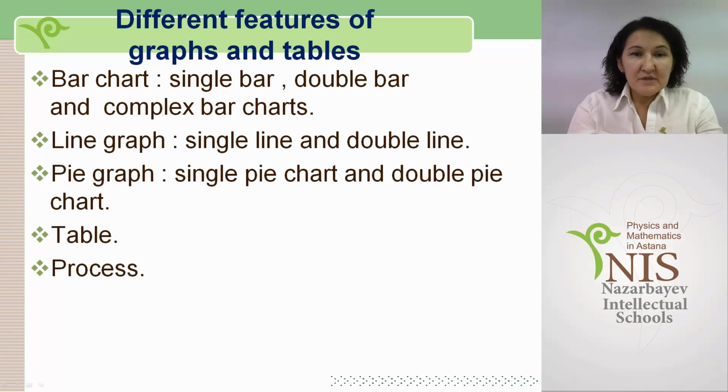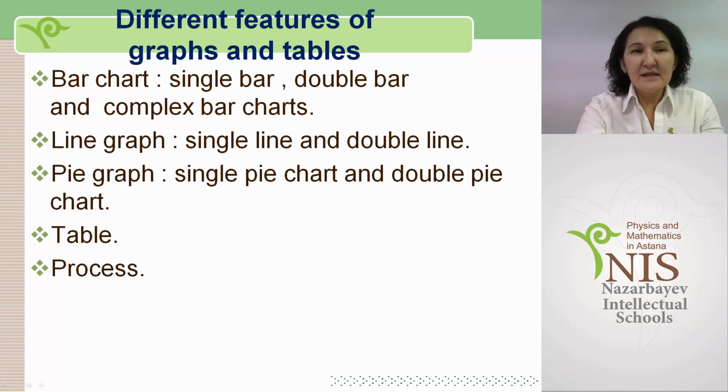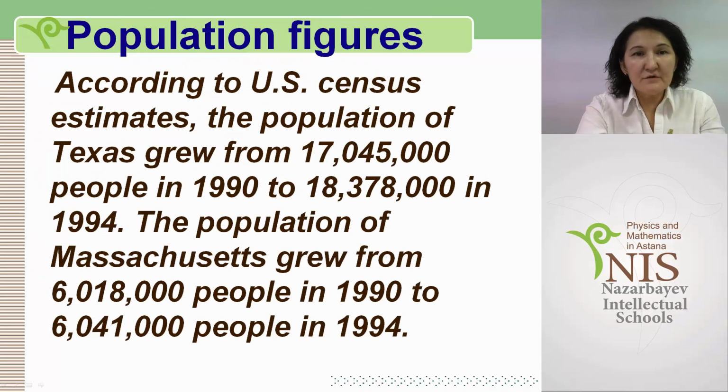Line graphs can be single line and double line. We also know about pie graph, and there are single pie chart and double pie chart. Also, another feature of graph is a table, and one more is process. These are the different features of graphs and tables.